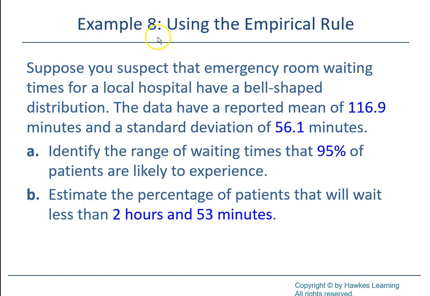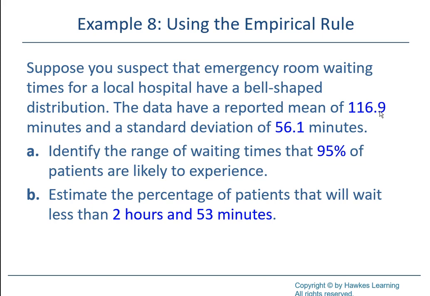Now, as we go into example 8, we're going to use the empirical rule, so watch this and take down some notes. You're going to need your bell-shaped curves and standard deviation to do this one. Now, we're at a hospital emergency room, and the waiting time we're assuming is a bell-shaped curve. The data reported a mean of 116.9 minutes.